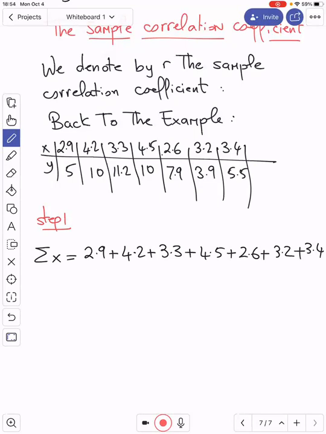If you use a calculator, of course, you need to use a calculator, the sum of the x's here would be 24.1. So that's the sum of the x's.